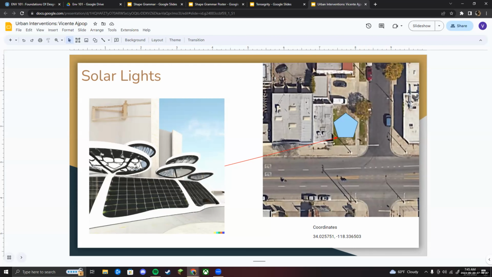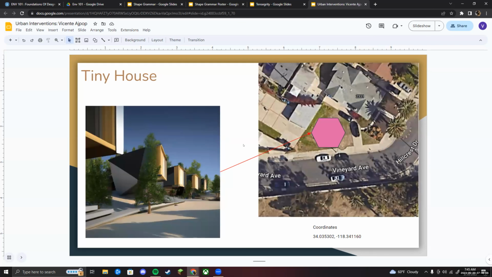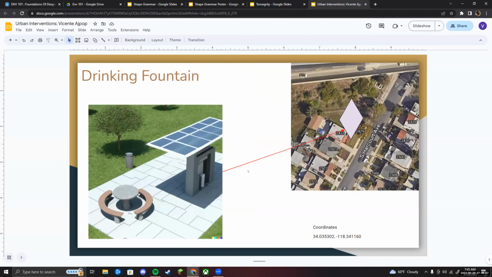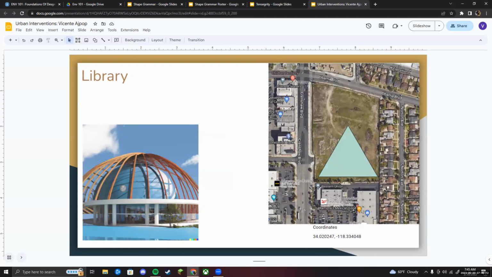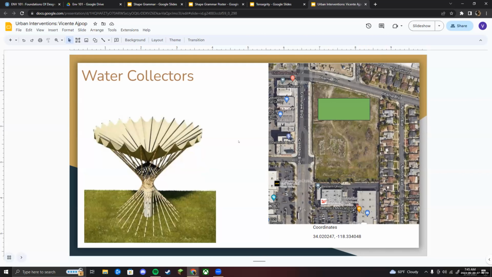I actually passed by one day in person and it was really dark. So I think solar lights would be pretty cool on this corner with an empty lot. Tiny houses could be implemented in small yards to help population growth in the city. Drinking fountains would be a good idea. There's also a big lot that I believe a library could fit in, as well as water collectors.